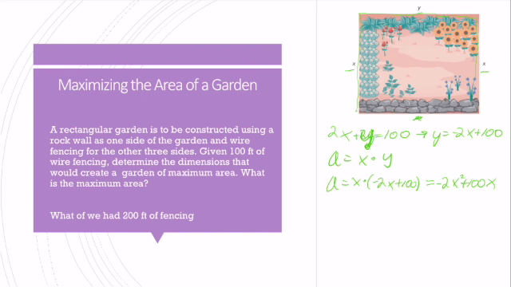Okay? So we need both sides to be positive. So we know that x has to be greater than 0 and y has to be greater than 0, right? And since y equals 100 minus 2x, the biggest value that x could take on is 50. So x must also be less than 50.